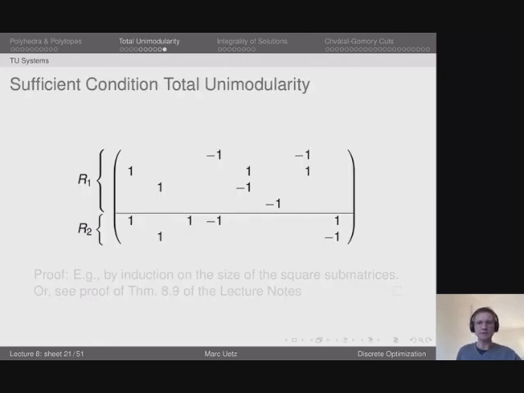I think it's best explained on an example, which is an example matrix which is totally unimodular. So here we have at most 2 non-zeros in each column, right? So there are 2 non-zeros here, there is 1 non-zero here. If I have 2 non-zeros with the same sign, then they appear in different sides of the partition. So these are the partitions of the rows of the matrix.